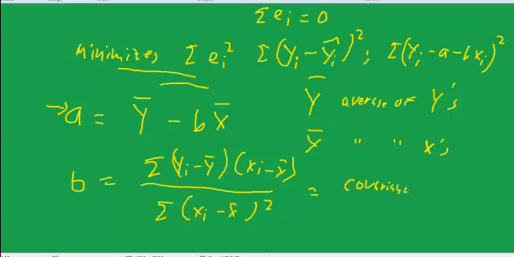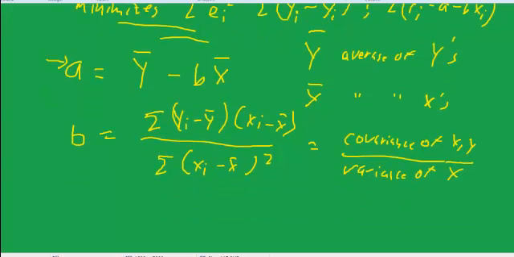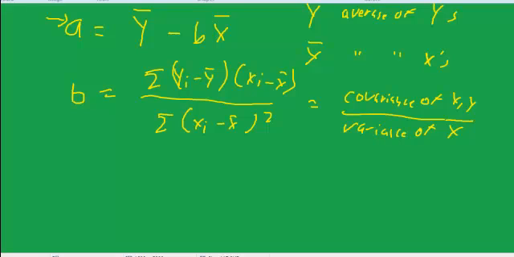In some sense, this is the covariance of x and y over the variance of x. If that'll help you think about it, fine. If not, it turns out it doesn't really matter a whole lot. Let me introduce another piece of jargon called R, which is the correlation coefficient.